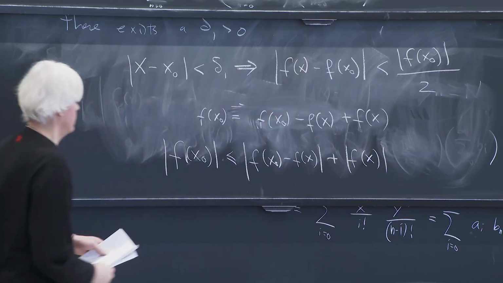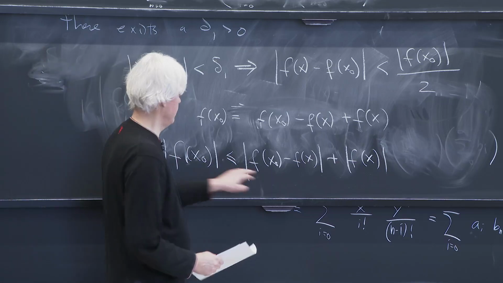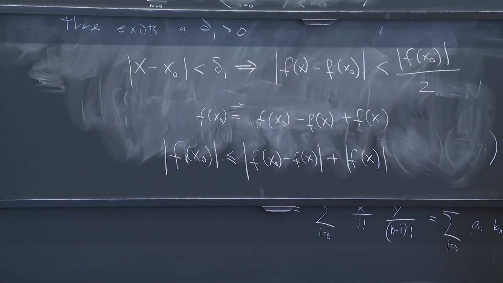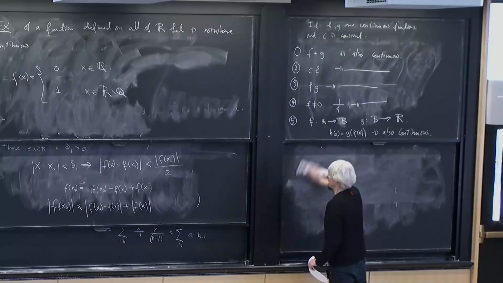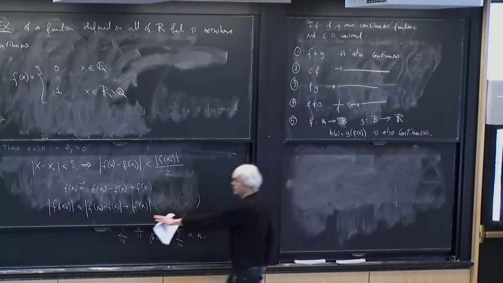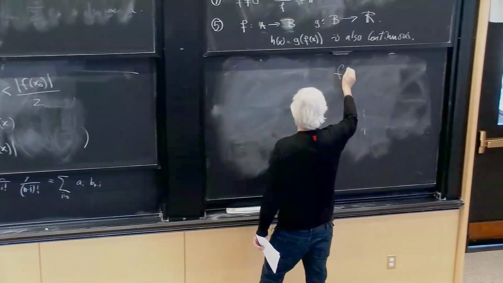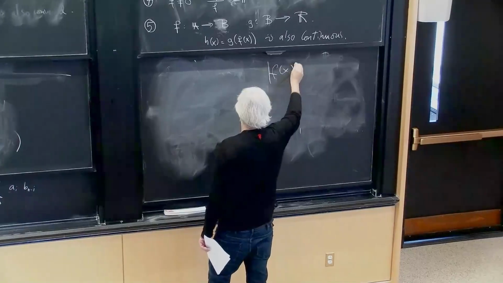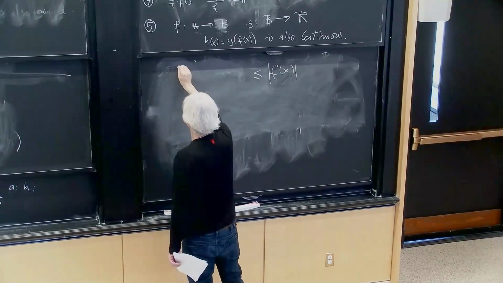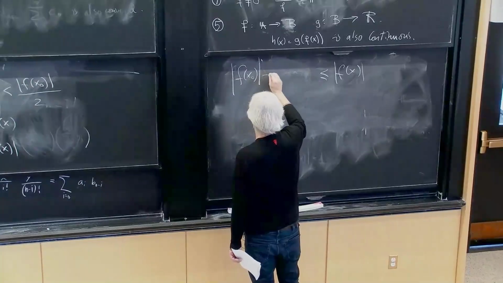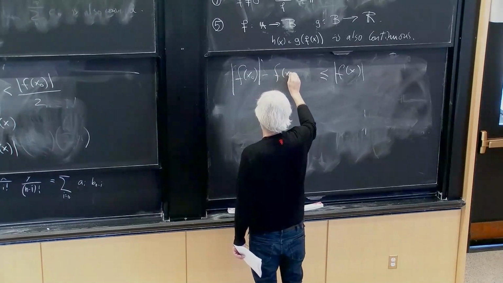And so now I can move this one over to the other side. I get that the absolute value of f of x is bigger or equal to the absolute value of f of x0 minus this difference here.